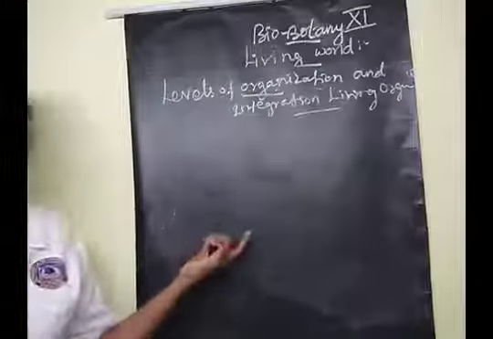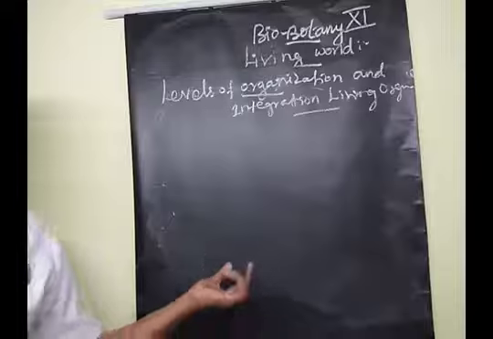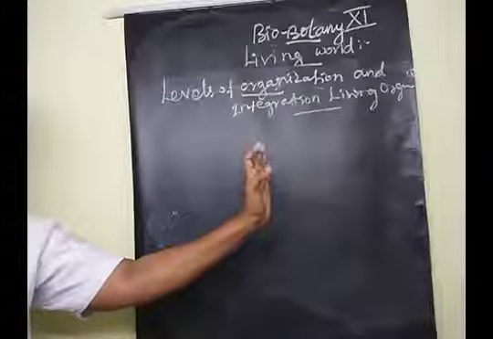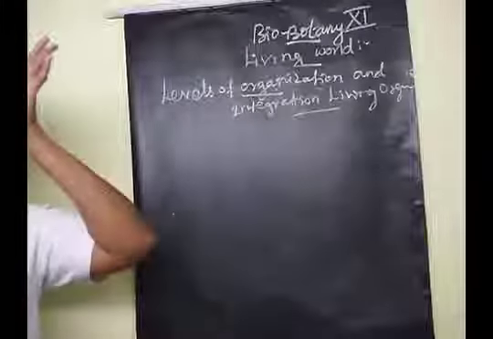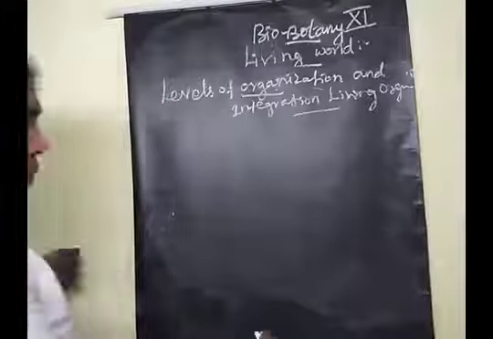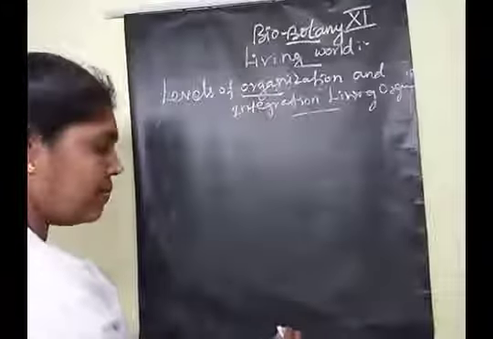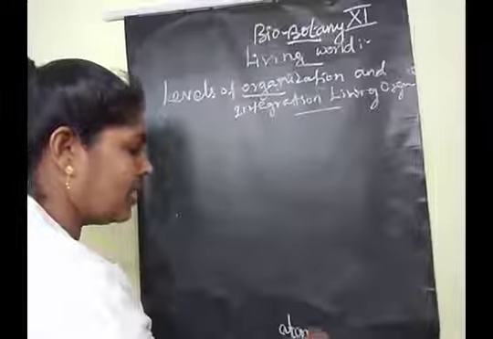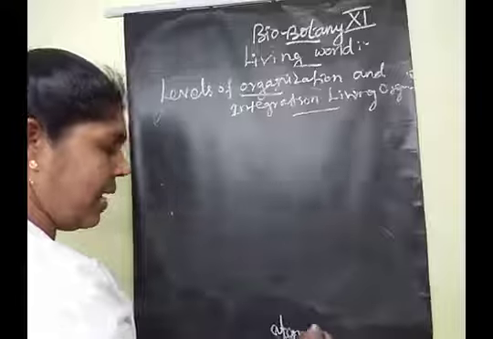Okay. The levels of organization and integration of living organisms: the first level begins with atoms and ends with the biosphere. Okay. First, all the non-living things are made up of atoms.